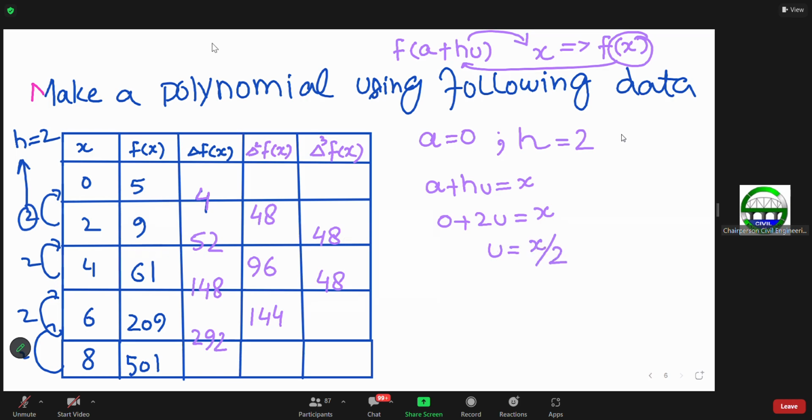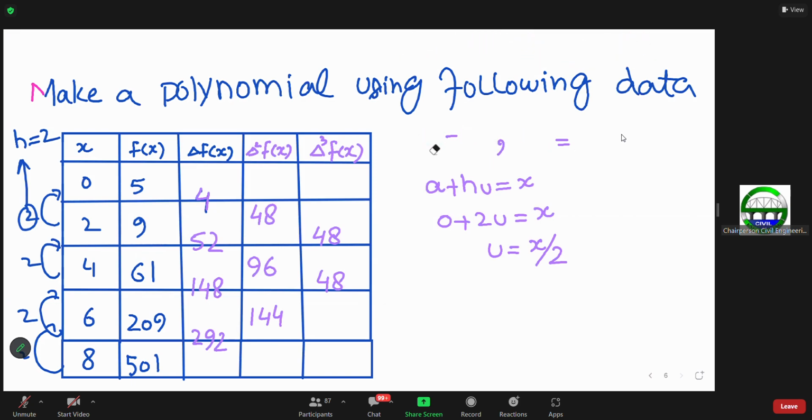Okay, I'm gonna remove this one. So let's try to solve this formula.